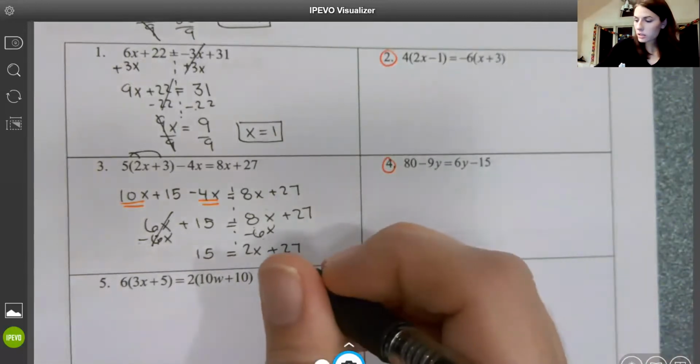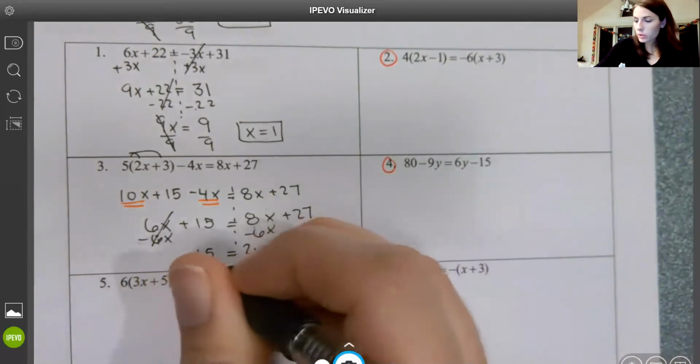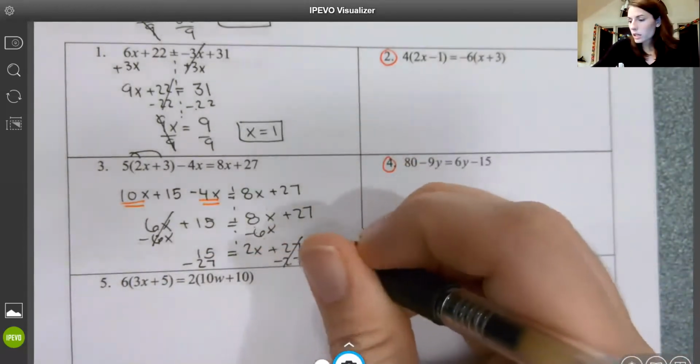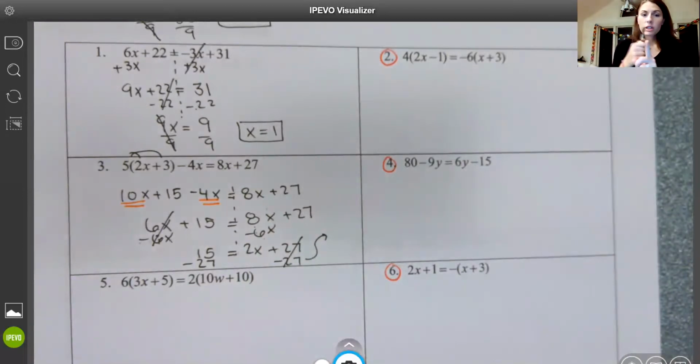And now continuing to solve, subtract 27 from both sides. And that's going to give me, and I'm going to flip the equation around at this point. So I know that on one side, I'm going to have negative 12, and on the other side, I'm going to have 2x. It doesn't matter if I write negative 12 equals 2x or if I write 2x equals negative 12.